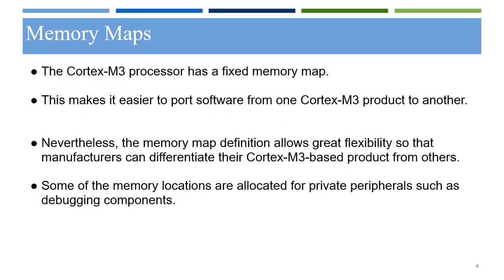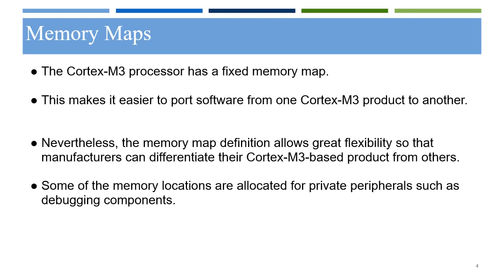Memory maps. The Cortex M3 processor has a fixed memory map. Because of this fixed memory mapping, it is easier to port software from one Cortex M3 product to another. For example, the components described in a previous module, such as the Nested Vectored Interrupt Controller, NVIC, and the Memory Protection Unit, MPU, have the same memory locations in all Cortex M3 products.